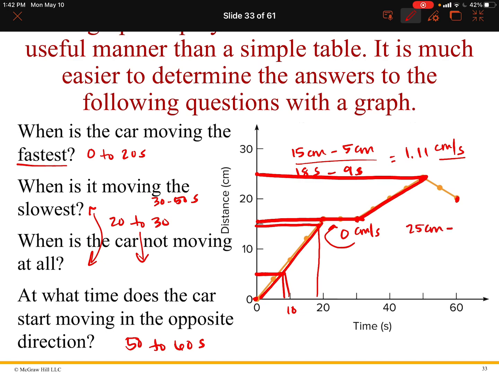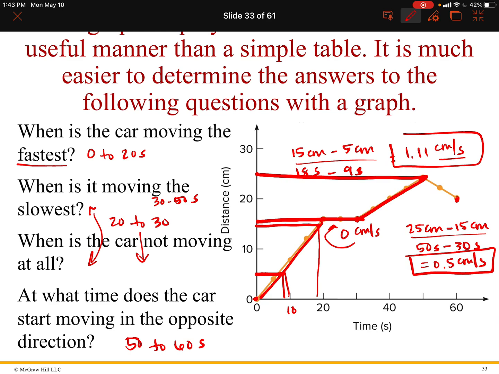So we have 25 centimeters minus 15 centimeters, over 50 seconds minus 30 seconds. So 25 minus 15 divided by 20, essentially, that's 0.5 centimeters per second. Okay, well, is that number right there less than 1.11? Yeah, so that's what we said earlier.